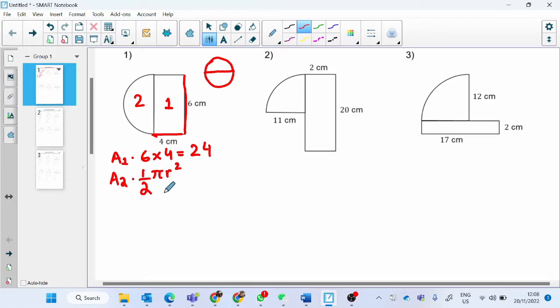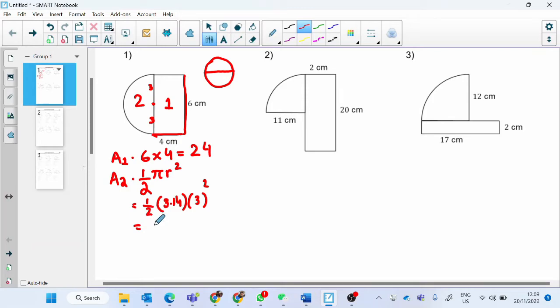So 1 over 2 pi r squared is the formula for this half circle. We input pi as 3.14, and r is the radius. The length from here to this point is 6, the same as the diameter of this circle. So this would be 3 and this length would be 3, so r is in fact 3.